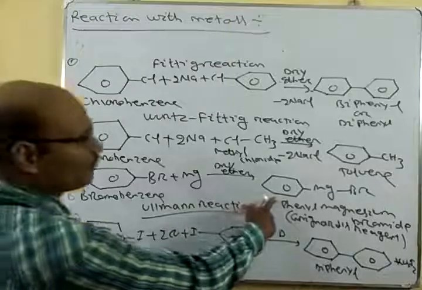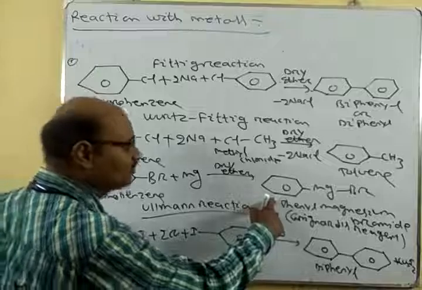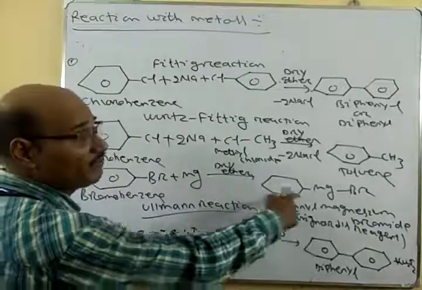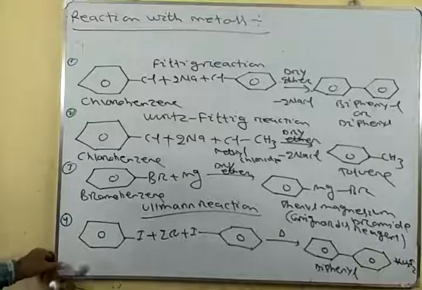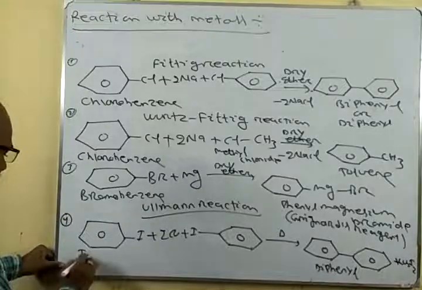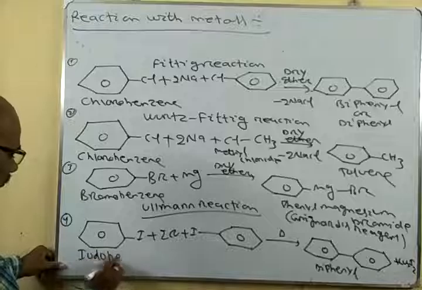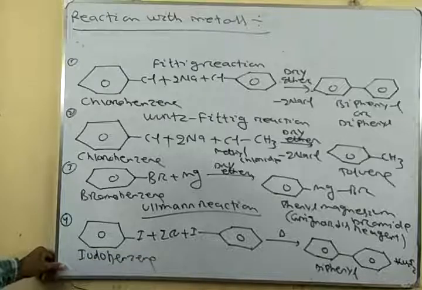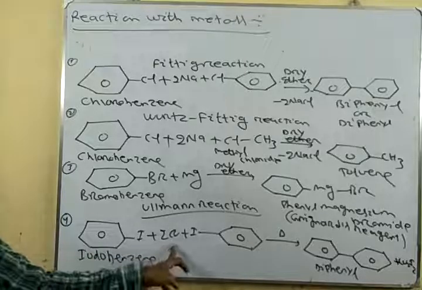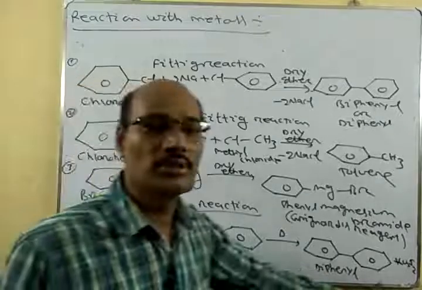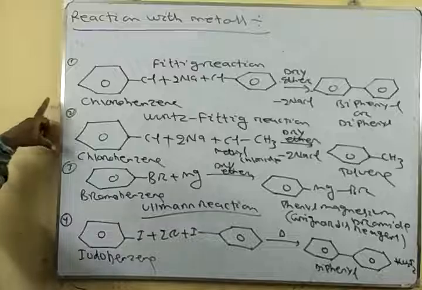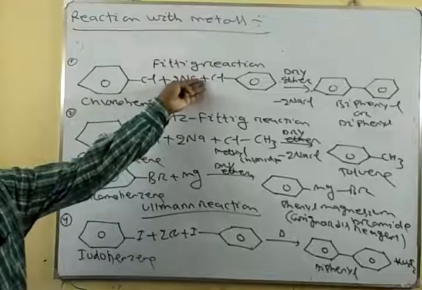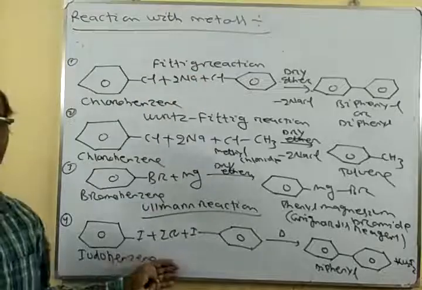And from this Grignard reagent we can prepare many other compounds. Now this is iodobenzene, reacting with copper metal to give diphenyl. So haloarenes react with sodium metal, magnesium, and also copper.